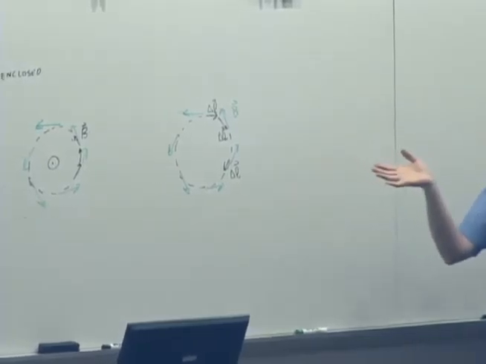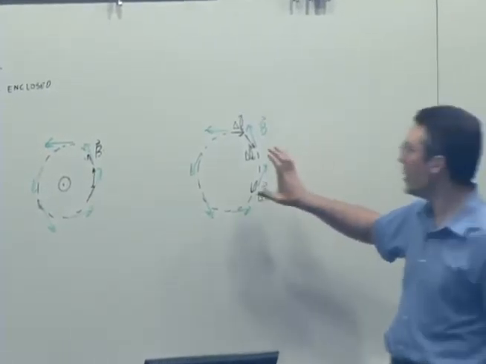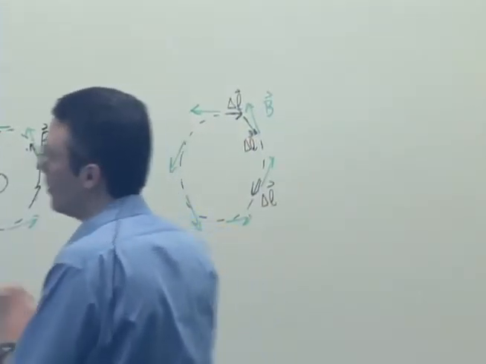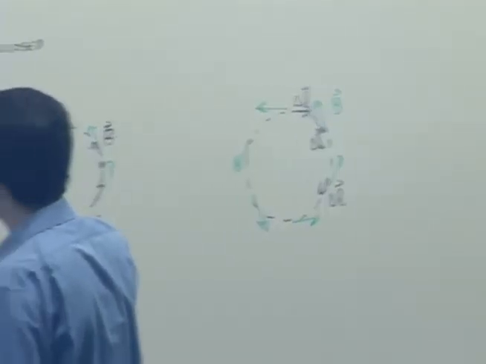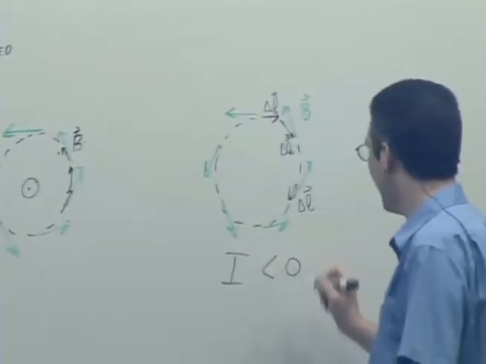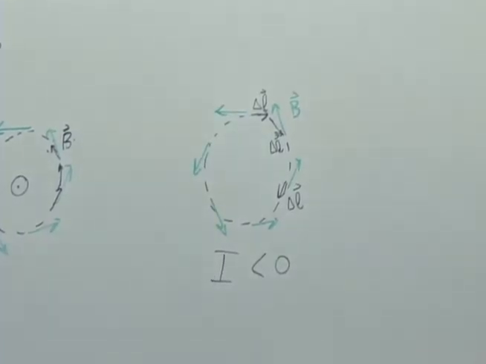But the direction of the current should be the same. So how do I make sense of this? Well, in this case, I get a negative number over here. So this side's negative, which means the answer I'm going to get for the current is going to be less than 0.